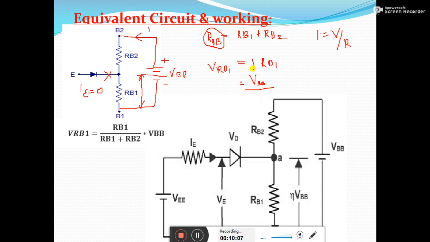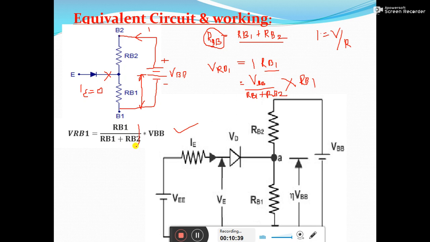VBB divided by the equivalent resistance, that is RB1 plus RB2, multiplied by RB1. But as we have seen, the equivalent or interbase resistance is given by RB1 plus RB2, so this equation can be rewritten as RB1 divided by RB1 plus RB2, into VBB.